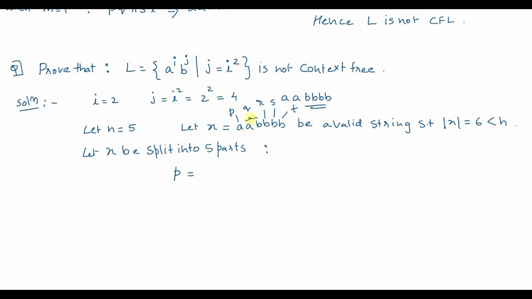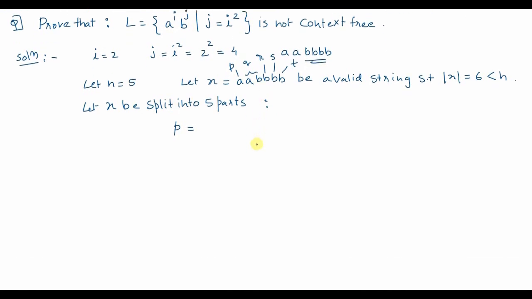If q is repeated 2 times, then the sequence would be ab, ab, and that would change the original sequence. So I can say that string does not belong to the language, right? You can similarly think along these lines. So as I have said, let p equal a, then q is ab, r will be a single b, s also a single b, and t also a single b.